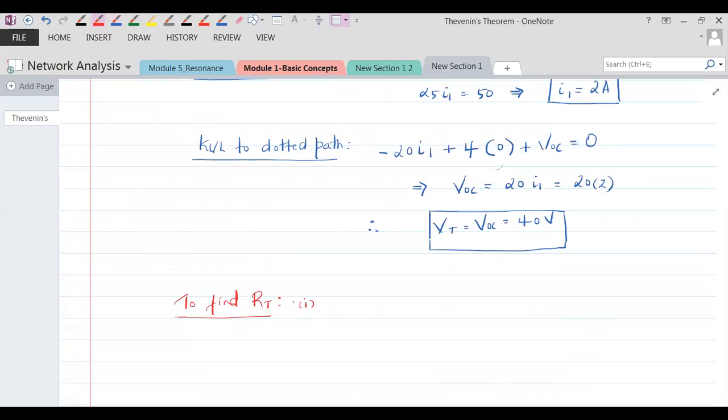Everybody, deactivate the independent sources. If there are dependent sources, we're not supposed to deactivate them. We have to deactivate only independent sources.